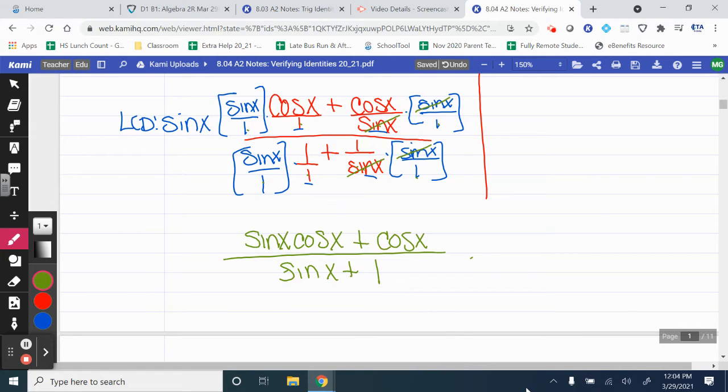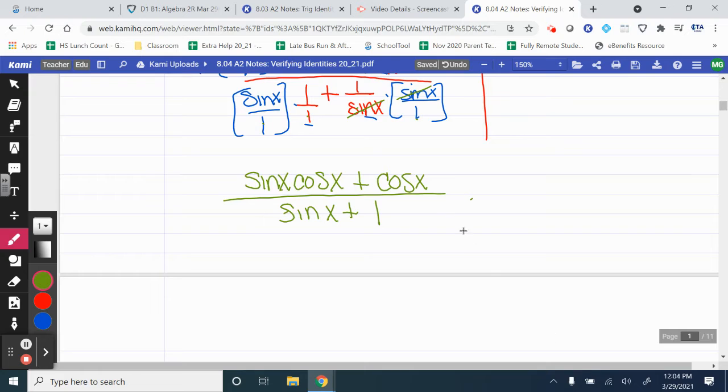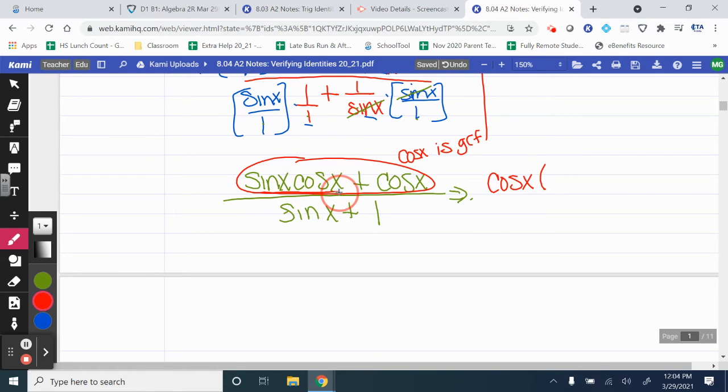All right, next. Looking at my numerator, I have a GCF of cosine of x. So I'm going to factor out that cosine of x. If I take out a cosine of x, I'm dividing each of these by cosine of x. If I divide sine x cosine x by cosine of x, I'd be left with just sine of x.